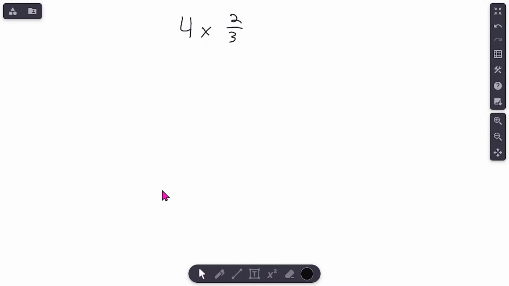All right. So at this point in our learning, you should have already seen the models videos. If you haven't seen those, check those out. Because what we're going to do here is we're just going to talk about, if I have this problem, what does it look like as repeated addition? Because we know that multiplication is the same thing as repeated addition. In repeated addition, we're talking about adding the same number over and over and over again.